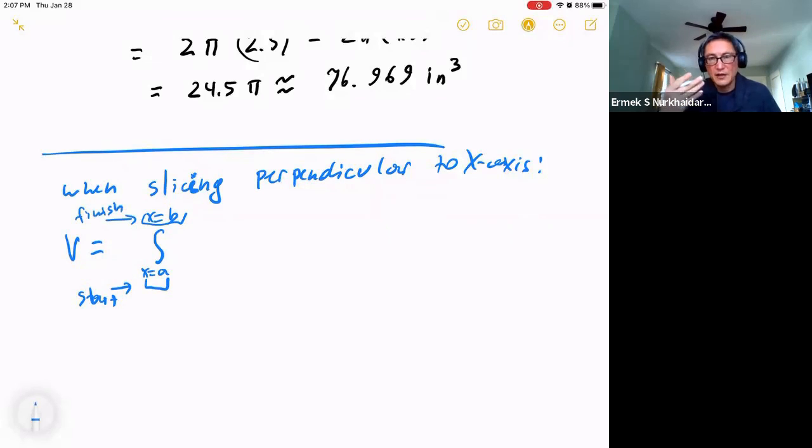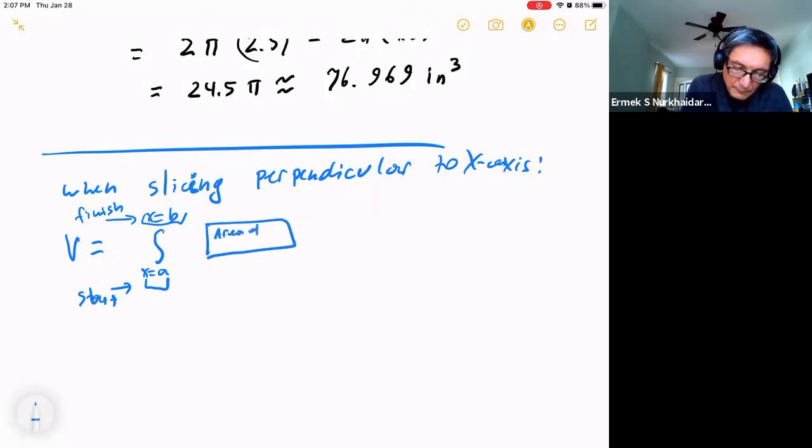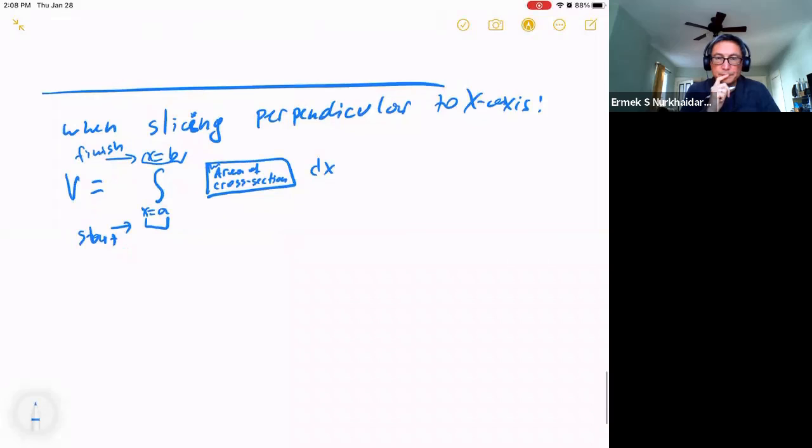So we start slicing and finish slicing. Then here we get the area of the cross section, dx. Okay, so that's what we do if we slice perpendicular to the x-axis.